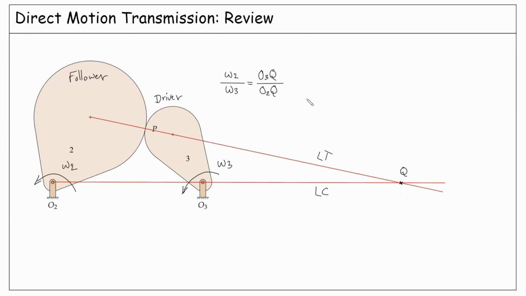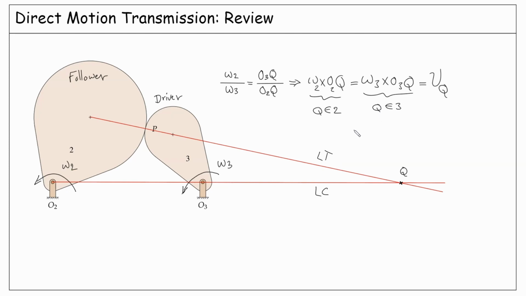If we rewrite the relation in another form, like saying omega 2 times O2Q is equal to omega 3 times O3Q, both of these expressions describe the velocity of point Q. In the first expression, we assume that point Q belongs to link 2, and in the second, we assume that point Q belongs to link 3.